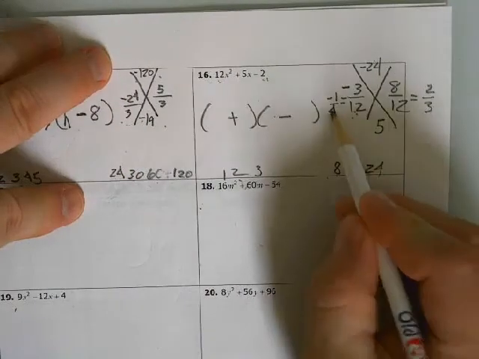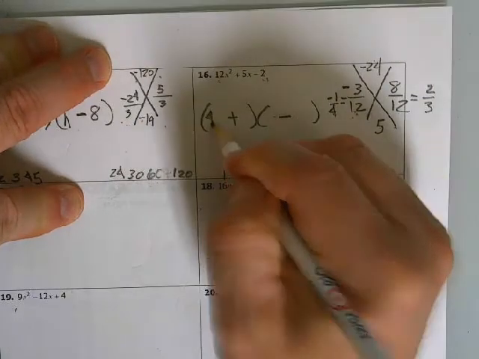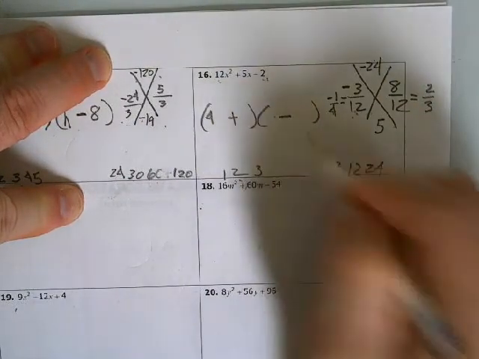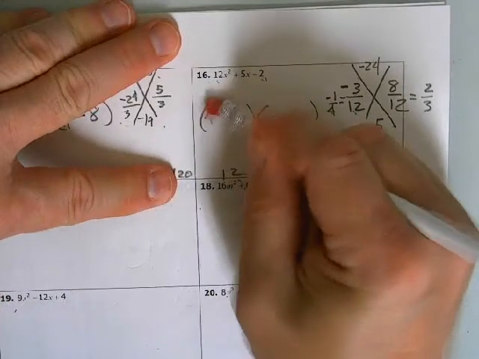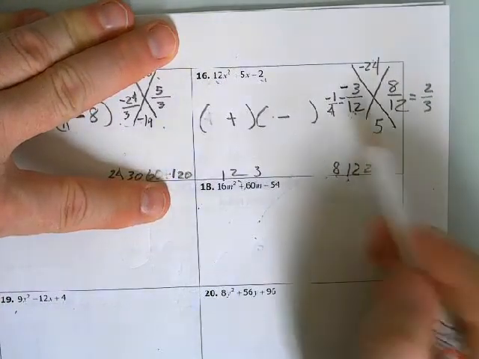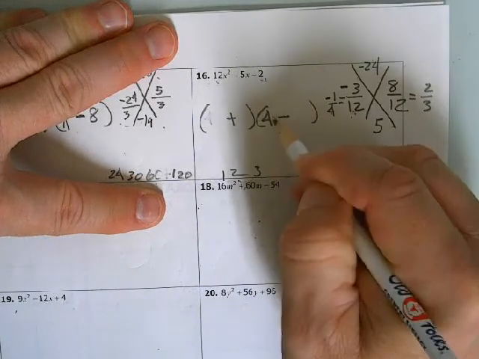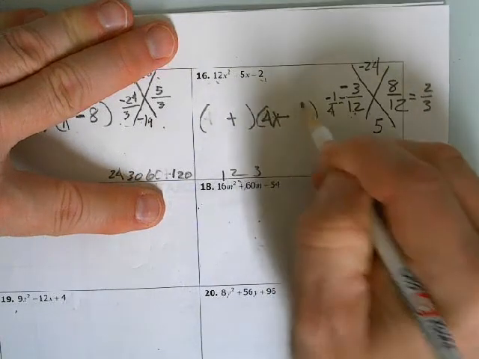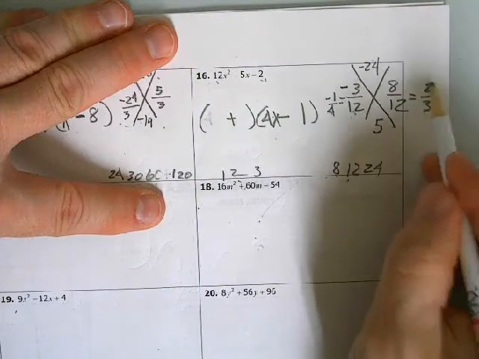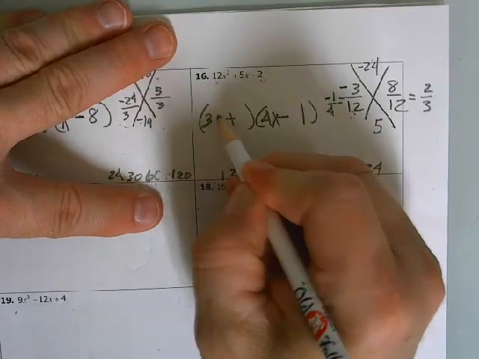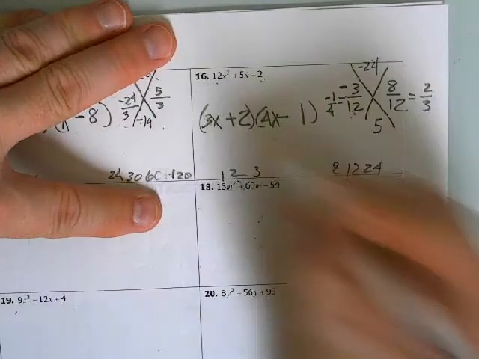So the coefficient here would be 4. The negative one here goes over here, so this would be 4x minus 1. And this one would be 3x plus 2.